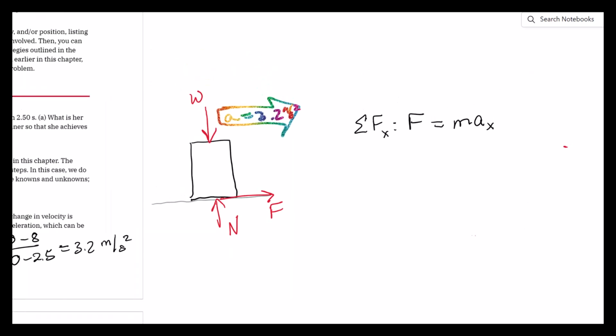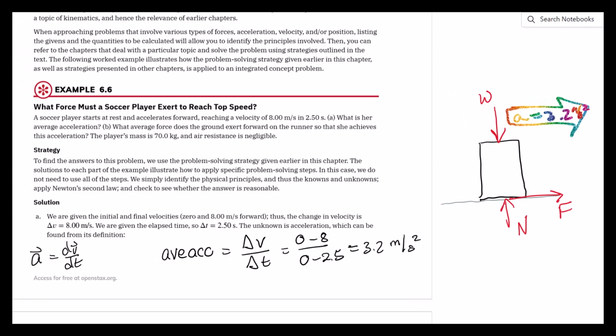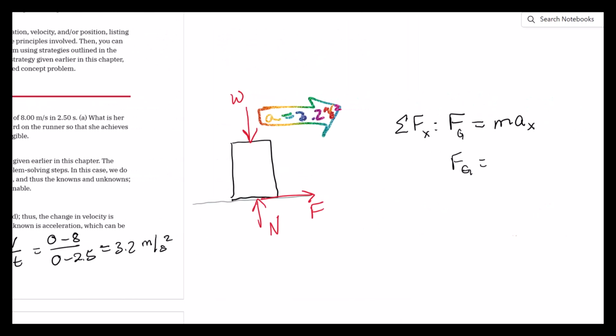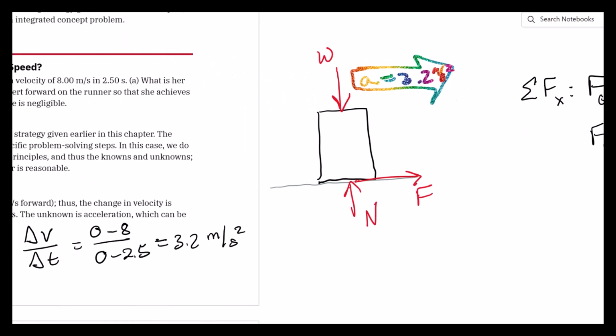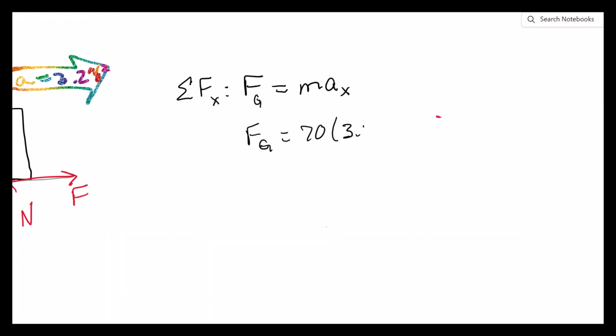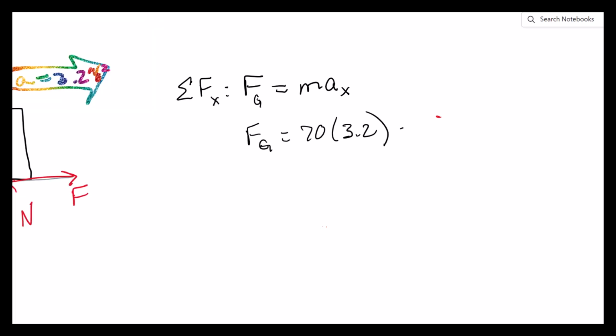So the friction is the force that we don't know, so the friction of the ground. So the friction of the ground equals her mass, which was, I already forgot, 70. And the acceleration was 3.2 meters per second. So I've got 70 times 3.2, so 224 newtons.